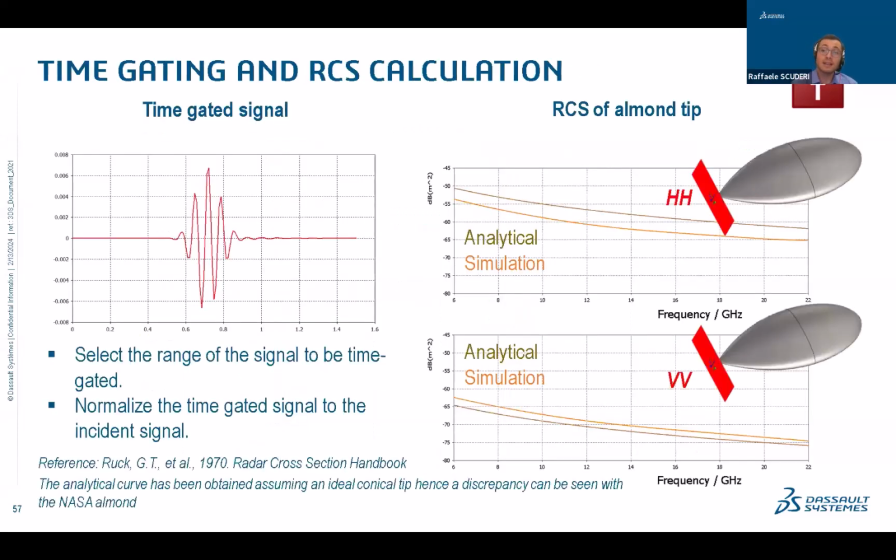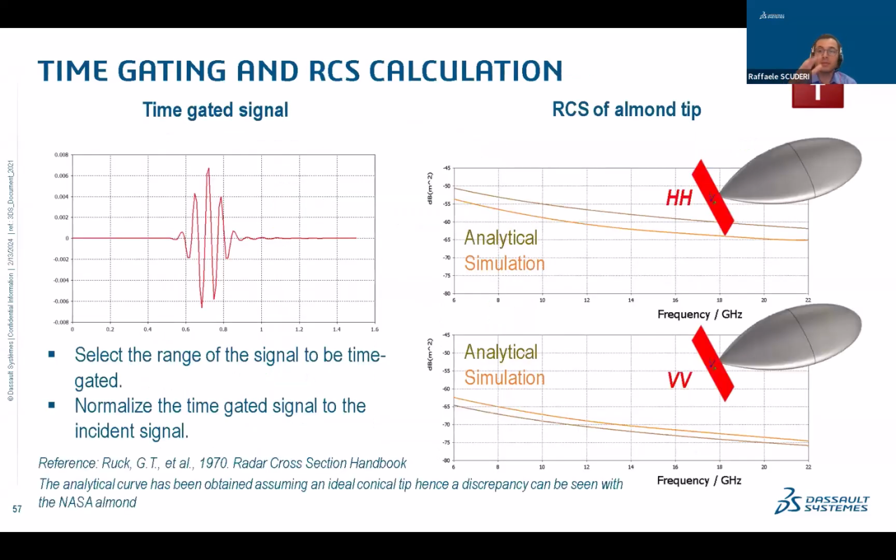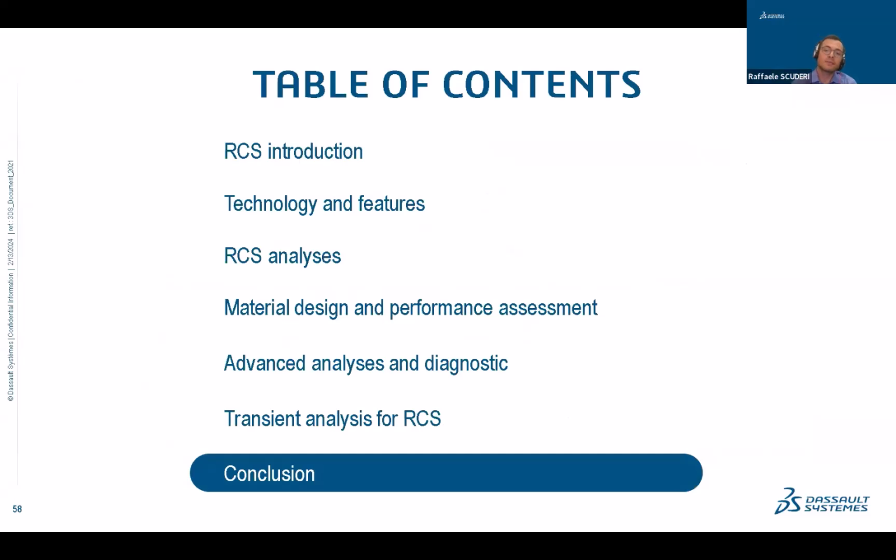And I'm comparing here the RCS coming from the creeping wave with the analytical formula of the tip. So I'm excluding the creeping from the back. I'm taking the contribution from the tip, and that's what I'm comparing here against the analytical formula of an ideal cone, okay? And that's really the conclusion of my presentation.